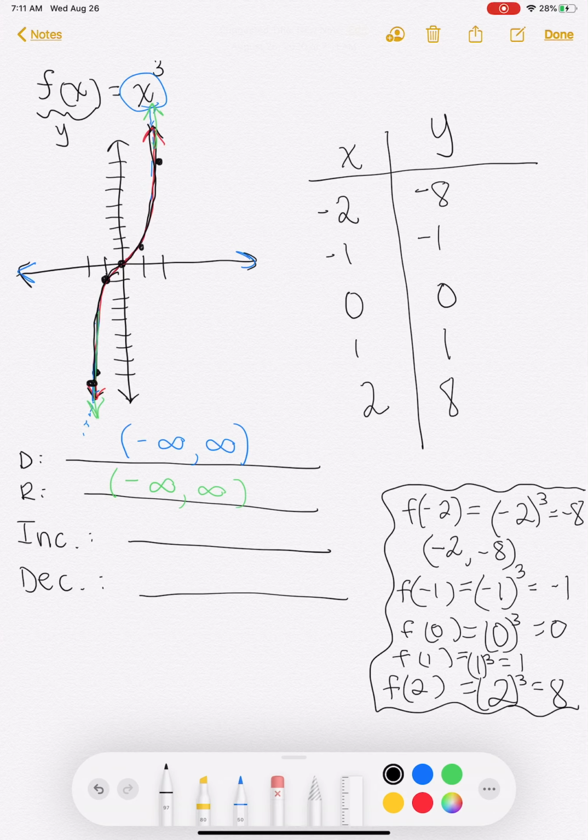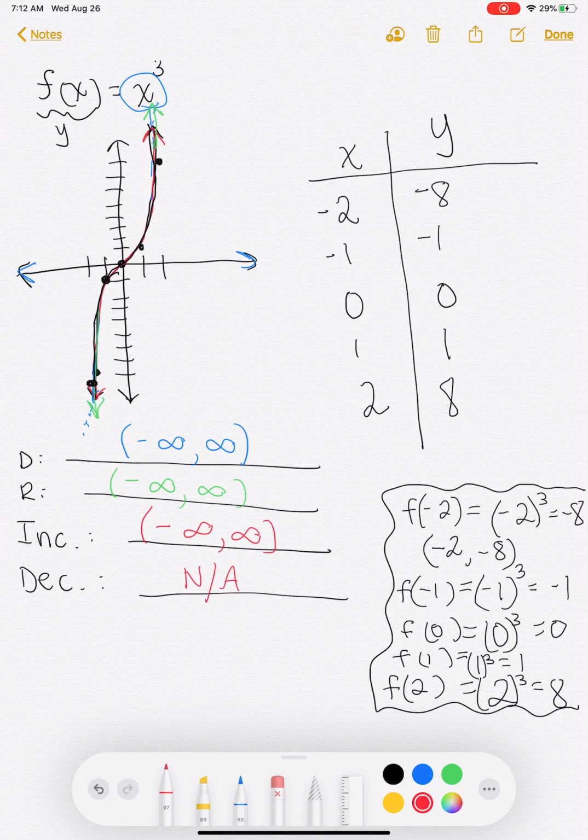So that tells me that I'm increasing on this entire curve, and I'm never decreasing. Again, because we read graphs left to right, and we're going up. So for increasing, negative infinity to infinity.